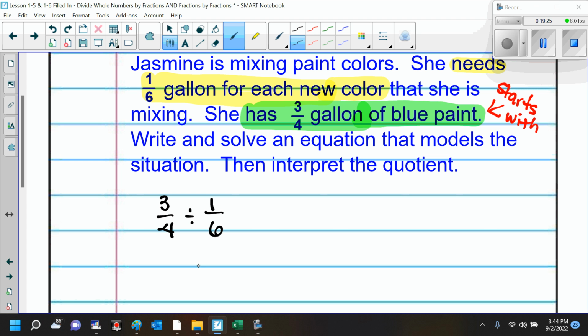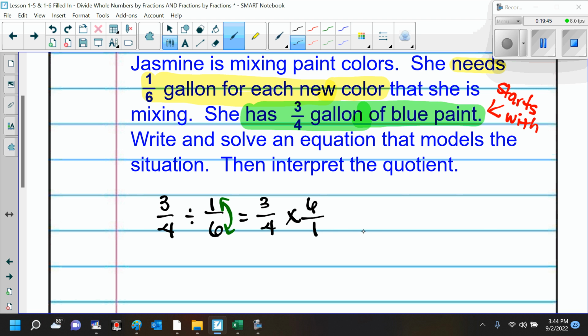That's our problem. So here, we're going to multiply by the reciprocal. The 3/4 stays the same. The division becomes multiplication, and the 1/6 becomes the reciprocal, which is 6 over 1.